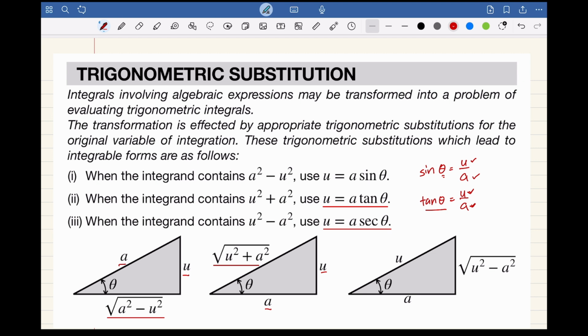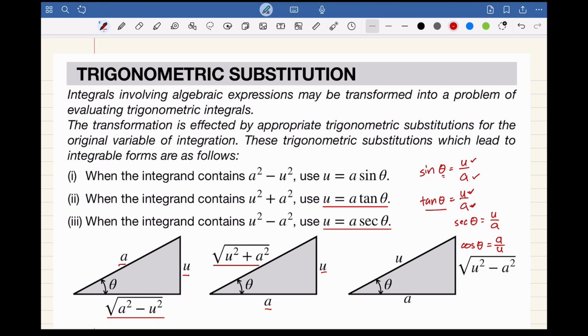So from the substitution equation u is equal to a secant theta, we can rewrite this as secant theta is equal to u all over a. And then getting the reciprocal of two sides, the reciprocal of secant is cosine theta, and the reciprocal of u all over a is a all over u.